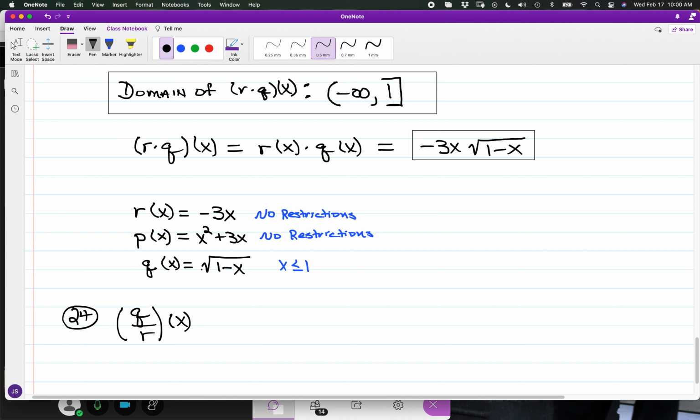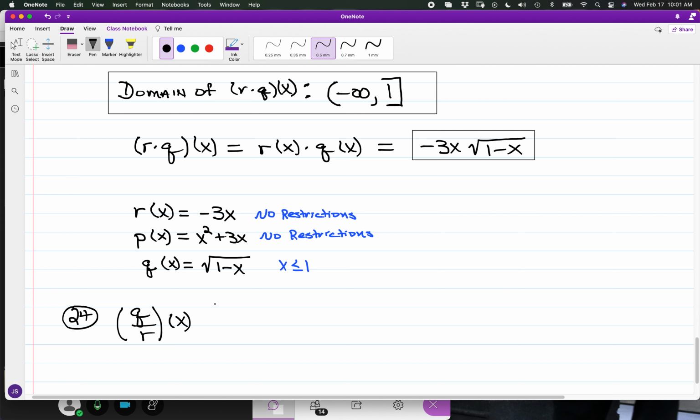So the domains of the sum, difference, and product functions just combine the restrictions. Now, in the case of a quotient function, the quotient function could have still a different domain, and I'll give a case where one of these is already going to be a fraction.